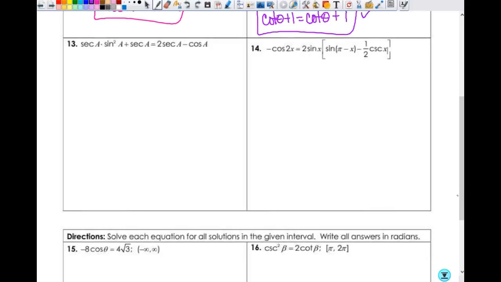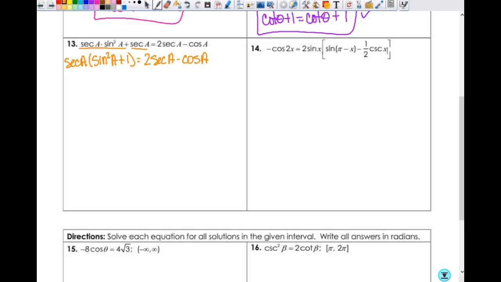All right, number 13. On the left here, I'm going to have 2 terms, so I'm going to factor out the secant of a. So secant a times sine squared a plus 1 equals 2 secant a minus cosine a.